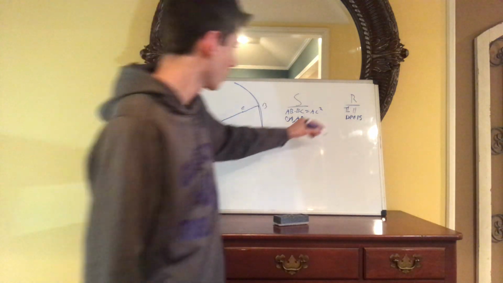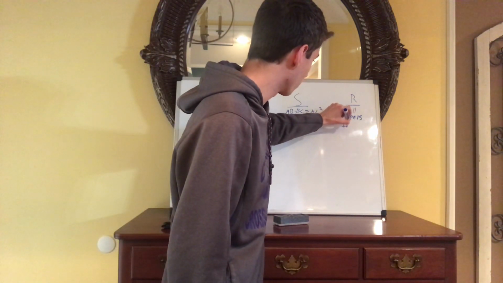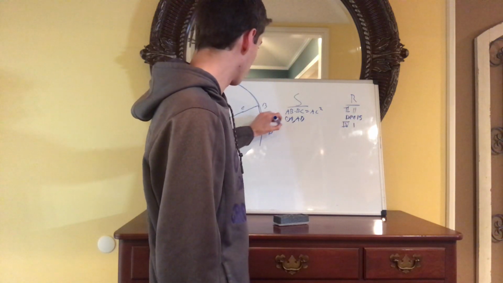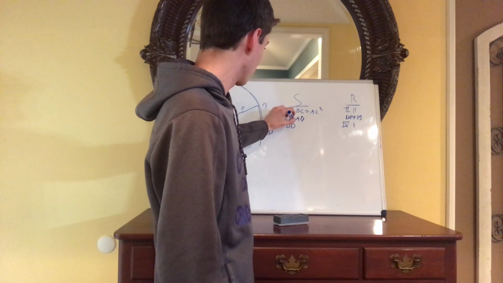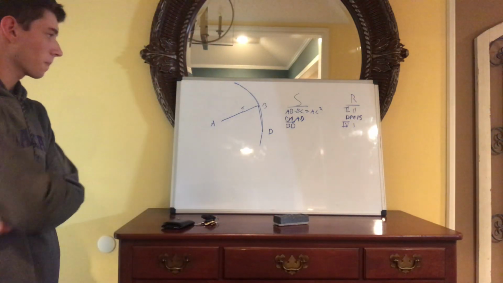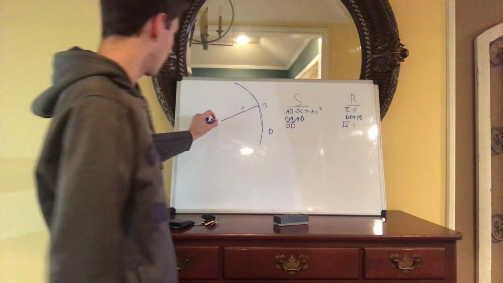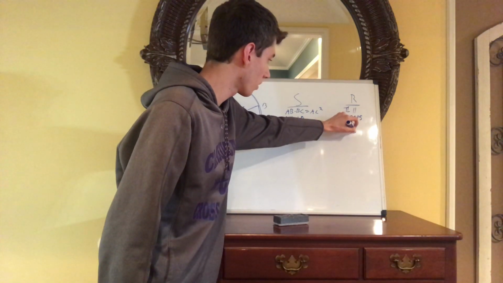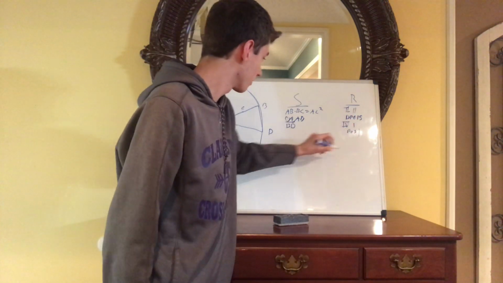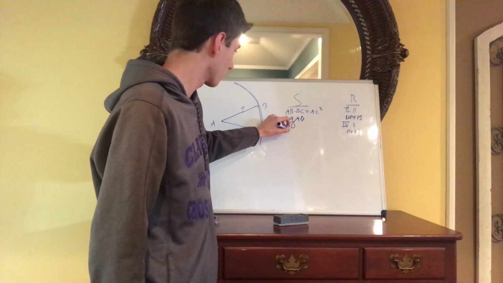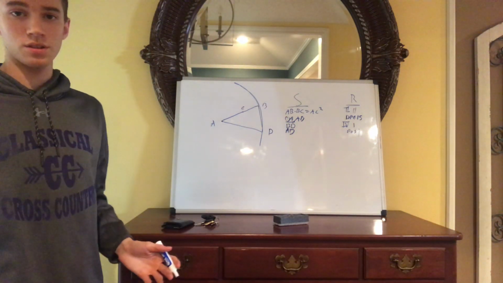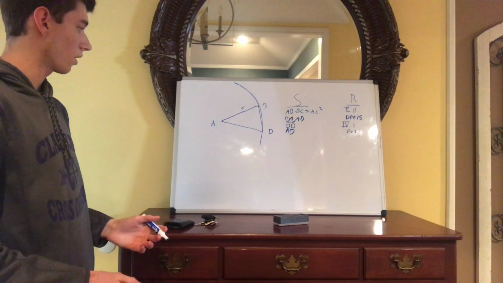And so there, that's book 4, proposition 1. Call that BD. And now we're going to connect the line AD, that's postulate 1. And that's our construction. Now we're going to prove it.